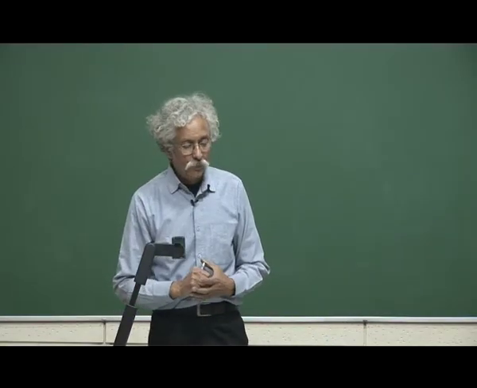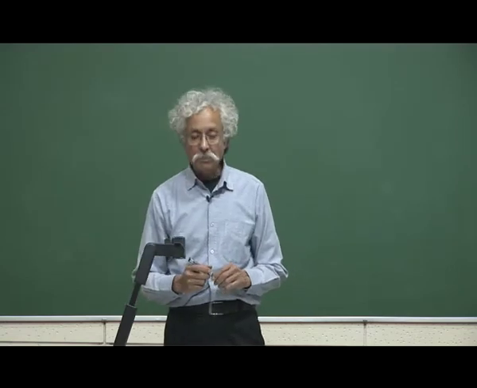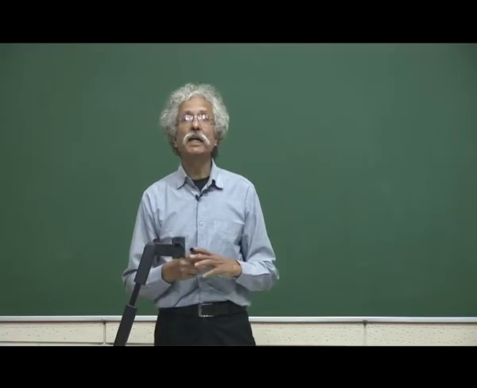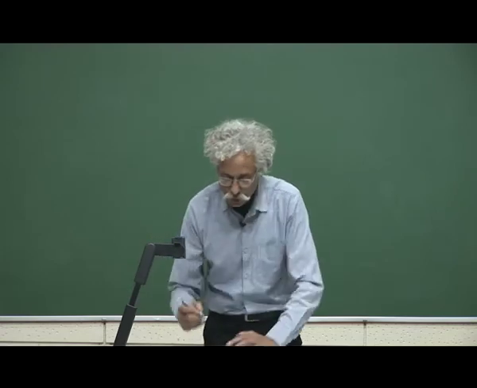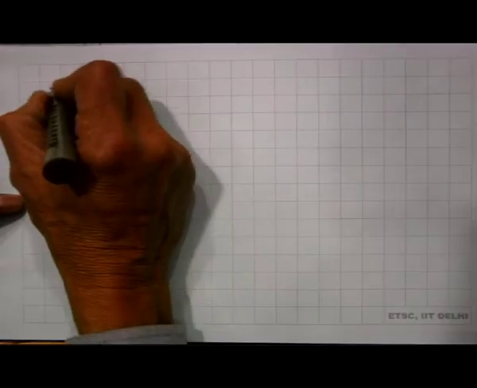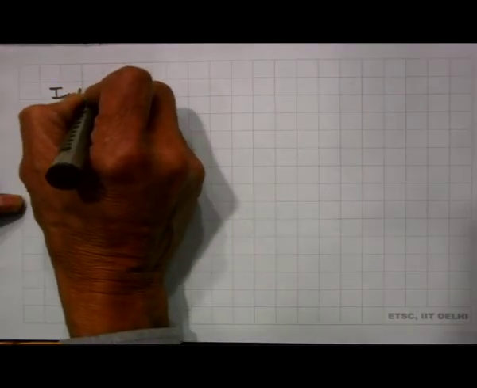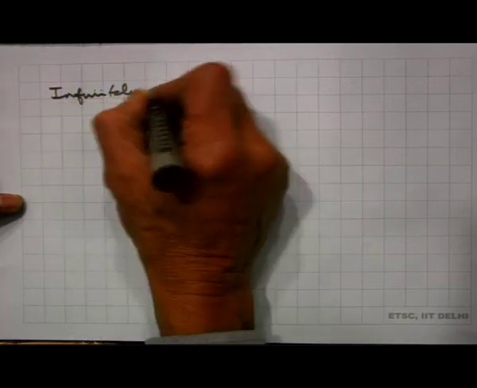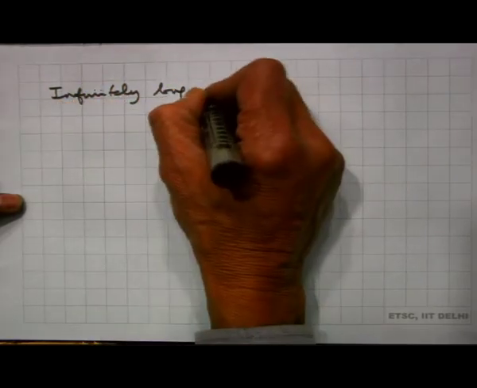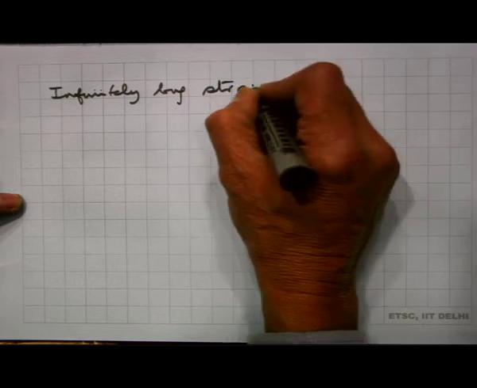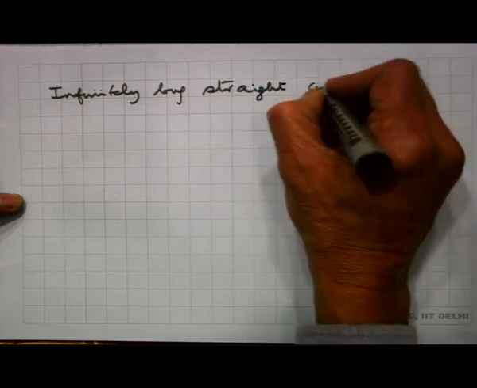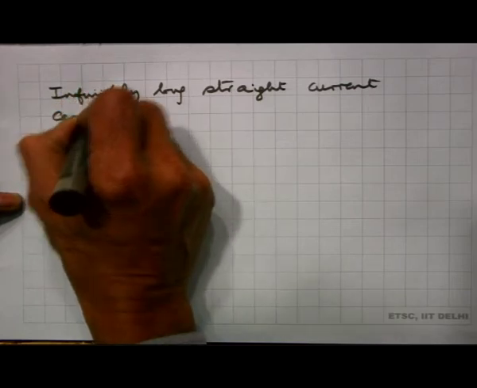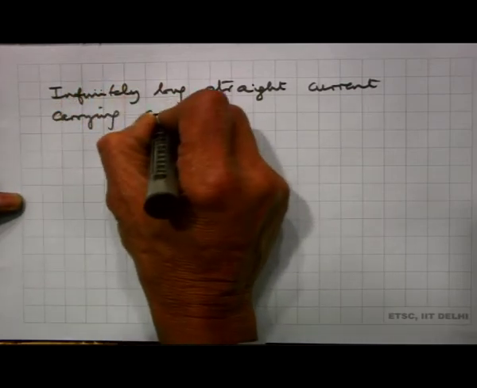Now I want to look at another problem, another example from where we will derive a very important relationship later on. This is an infinitely long straight current carrying conductor.